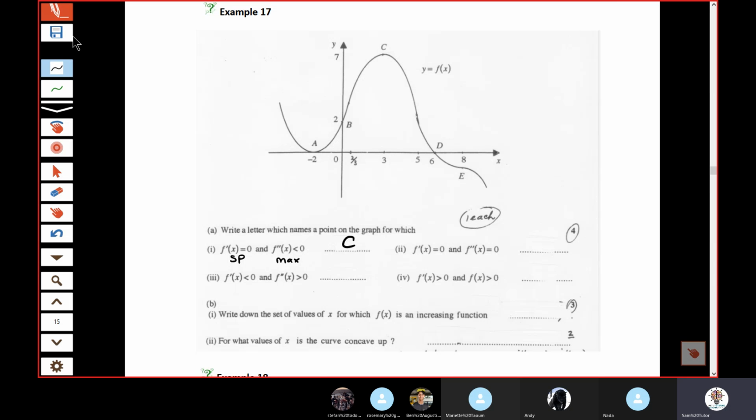Increasing, yes, exactly. Stop right there. This is just close, and it's a point of inflection. Point of inflection. Good. Now have fun.